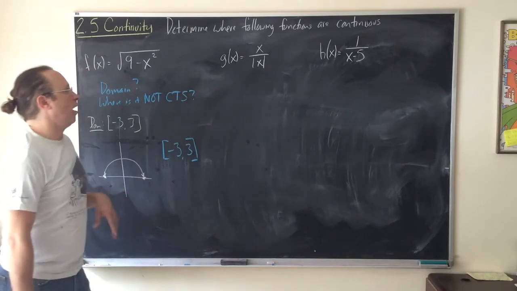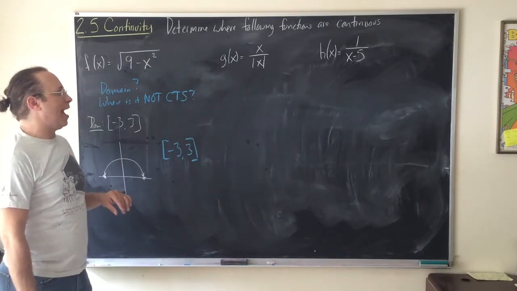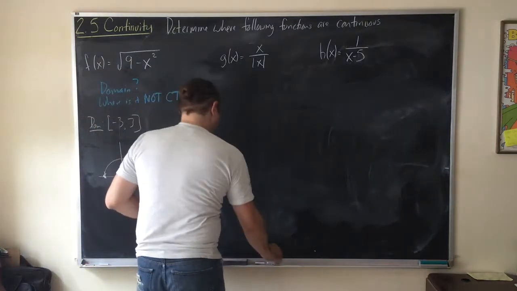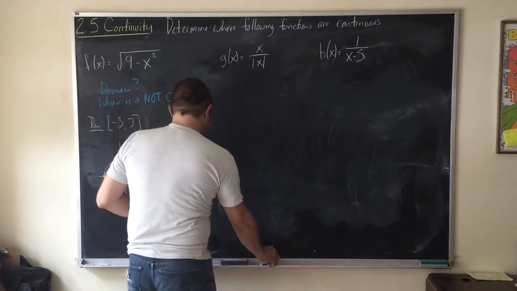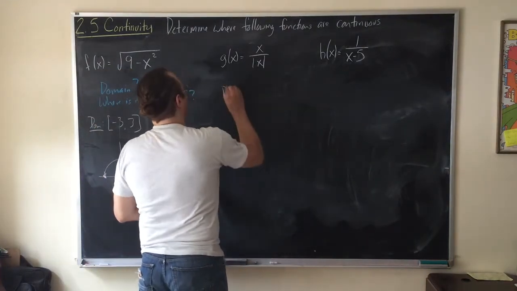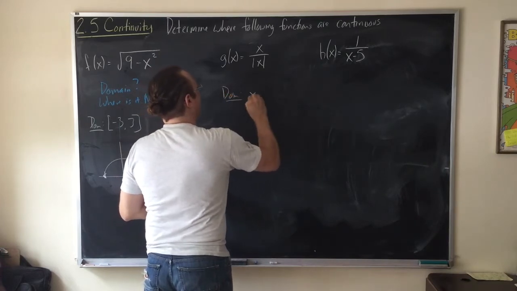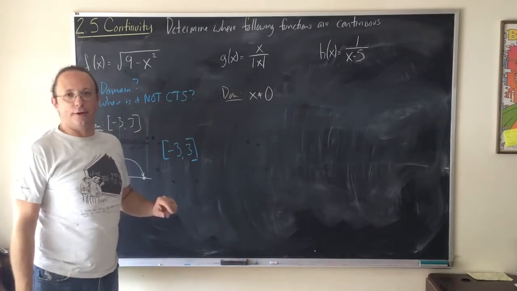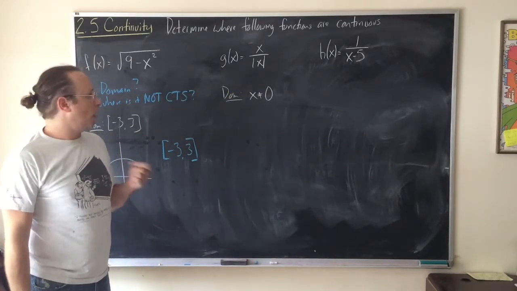Next, we're going to consider our friend x over the absolute value of x. We talked about this one last time. Of course, its domain is that x cannot equal 0 because you cannot divide by 0. All right?